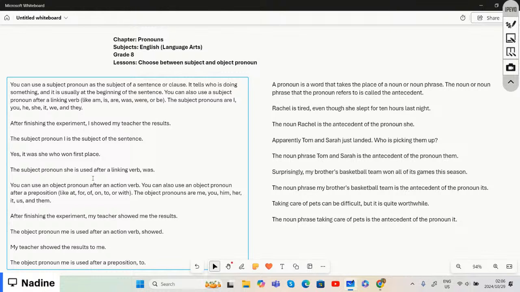And it tells us who is doing something. And usually a subject pronoun is at the beginning of a sentence.